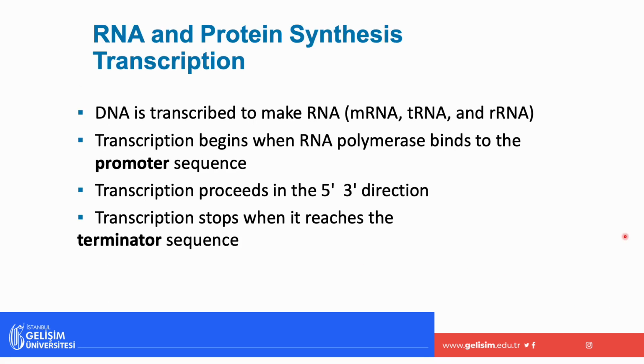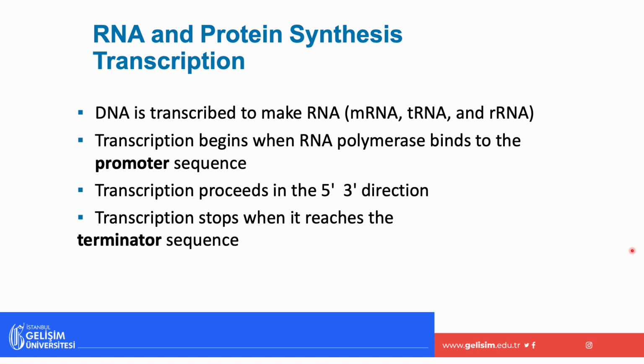So transcription is the process by which genetic information encoded in DNA is copied into RNA molecules, such as messenger RNA, transfer RNA, as well as ribosomal RNA. During transcription, RNA polymerase binds to a promoter sequence on the DNA strand, and then it reads the DNA template strand in the 3' to 5' direction.